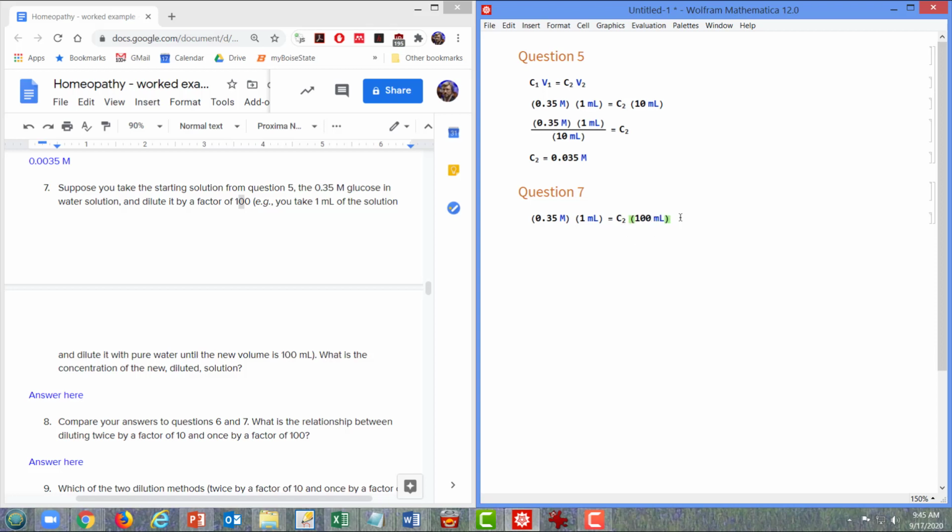Okay. So let's divide both sides by 100 milliliters. And we find that our answer for C2 is 0.0035 molar.